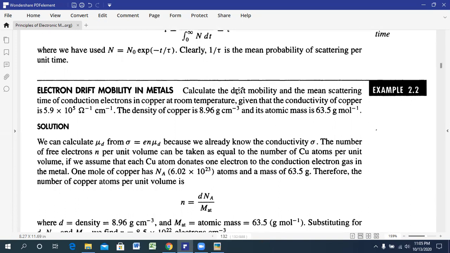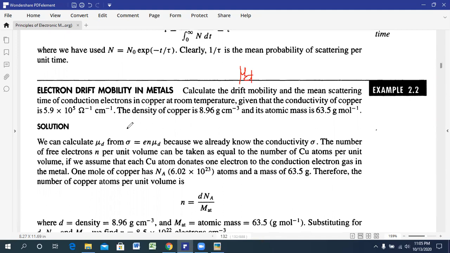Drift mobility means mu d, and mean scattering time means tau, of the conduction electrons in copper at room temperature, given that the conductivity of the copper is 5.9 into 10 to the power 5 per ohm per centimeter, the density of the copper is 8.96 gram per centimeter cube, and the atomic mass of the copper is given as 63.5 gram per mole.